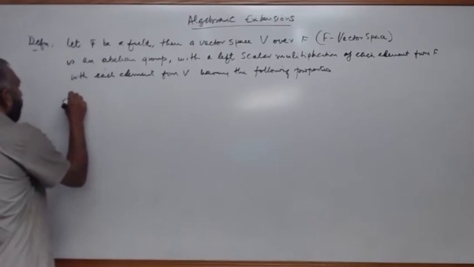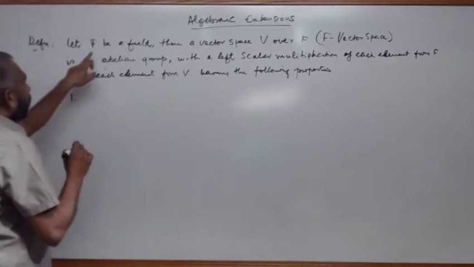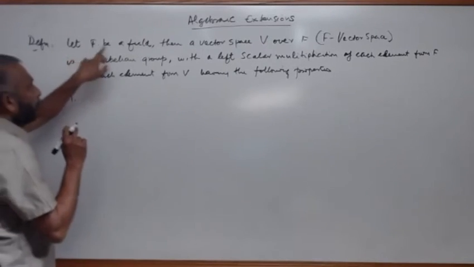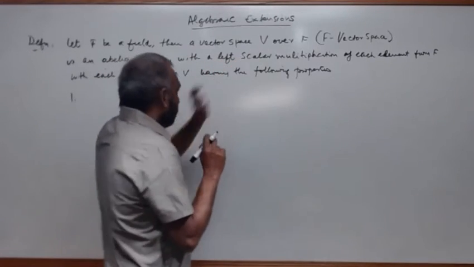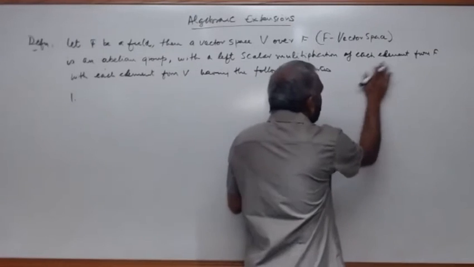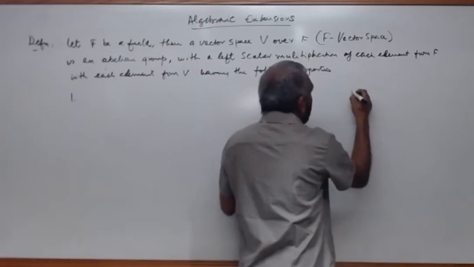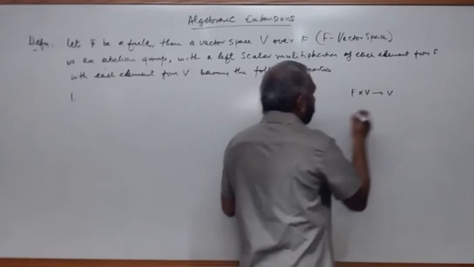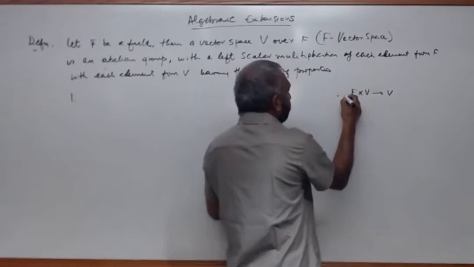So the first property says we can multiply an element of F with an element of V. So there is actually a map from F cross V to V. That is called the multiplication.